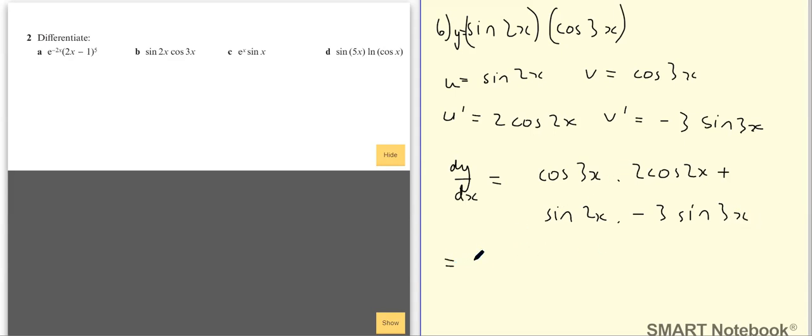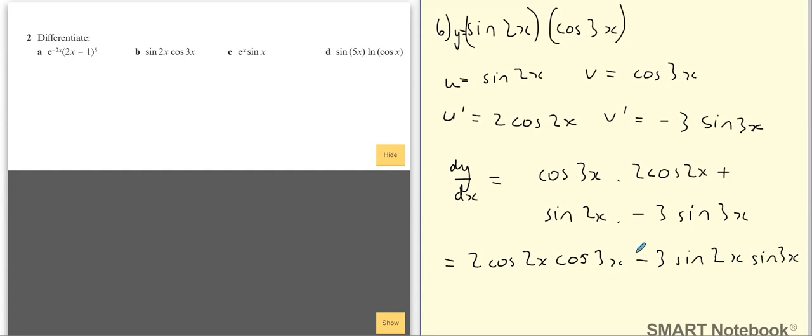And so I would write this as 2 cos 2x cos 3x. And then positive times by negative is going to become negative, 3 at the front, sine 2x sine 3x.